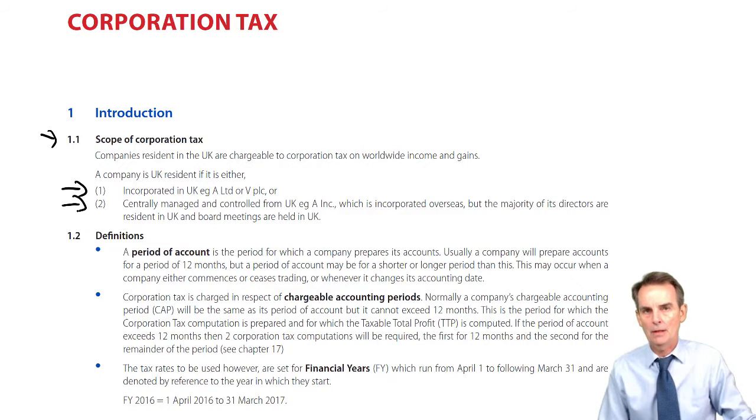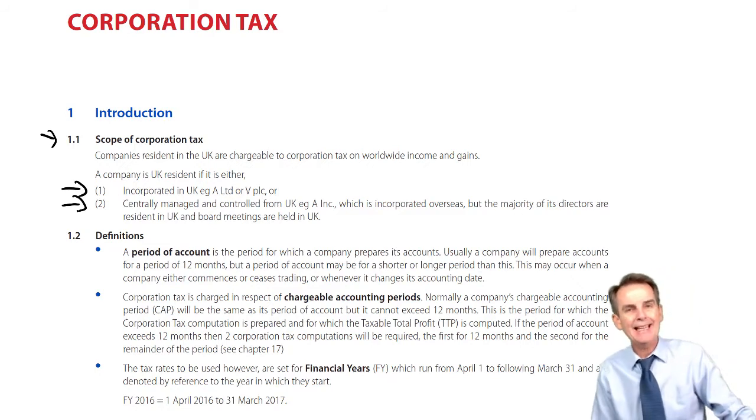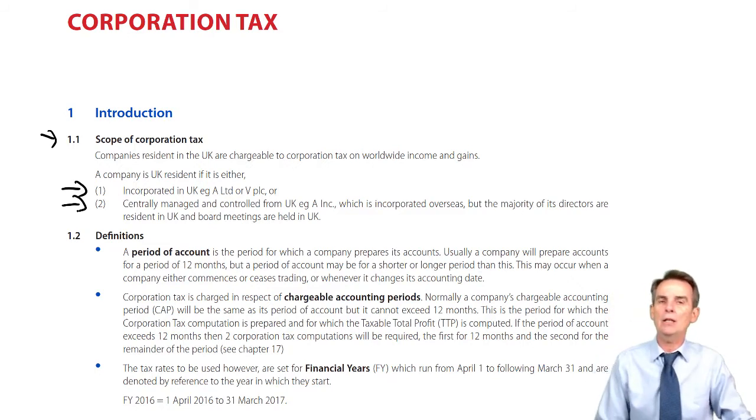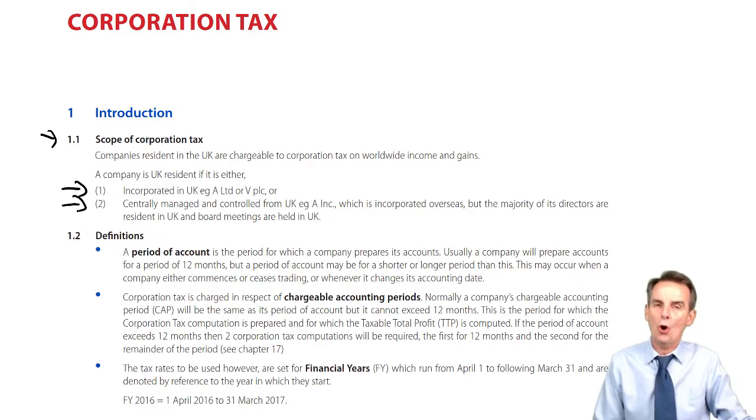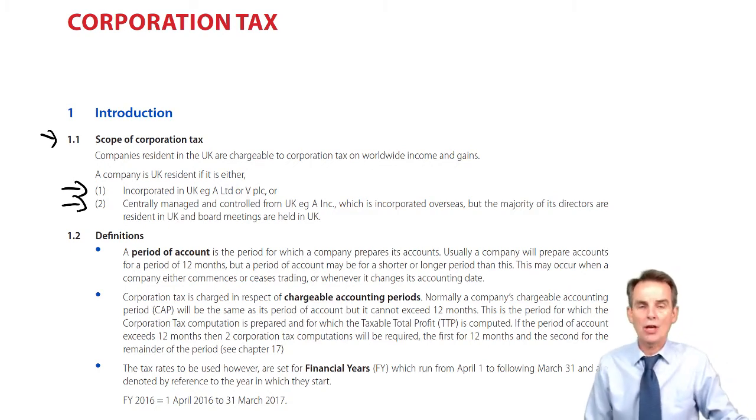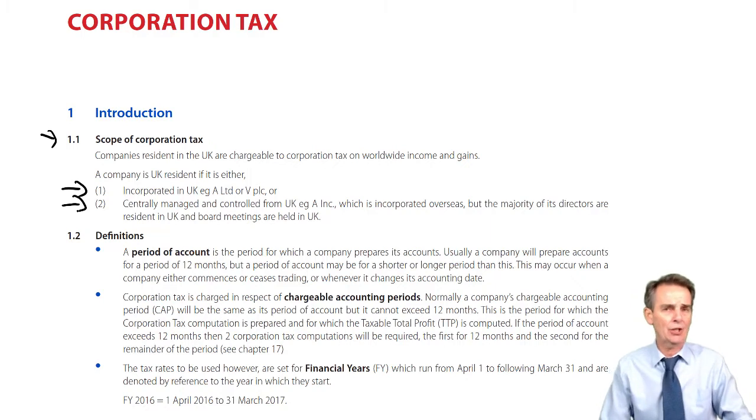It's directors. So if you were told that you had A Inc. incorporated in Italy, but the majority of the board of directors lived in the UK and they met in the UK for board meetings, that would be clear evidence that central management and control was being exercised from the UK, and therefore still it would be UK resident, and therefore UK corporate tax would be chargeable on all of its worldwide income and gains.